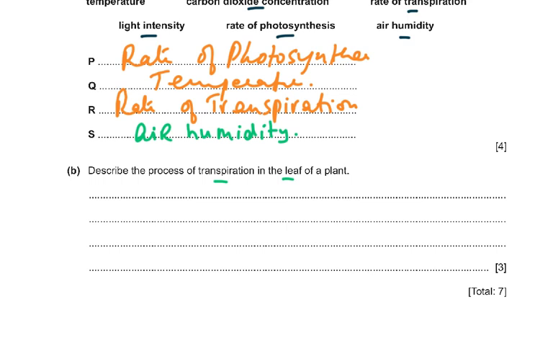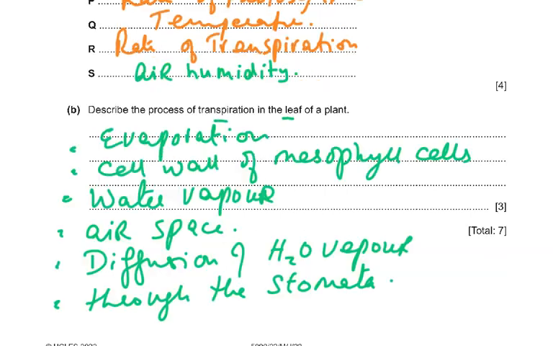So the points were evaporation from the surface of the mesophyll cells, then water vapor in the air spaces, then diffusion, and then water vapor through the stomata.